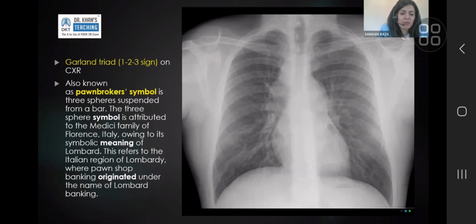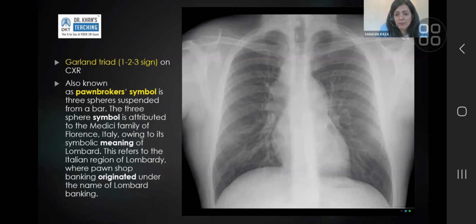It's just that the pawnbroker symbol is actually the symbol of the Medici family. I don't know if many of you are very interested in history or not, but the Medici family is a family of bankers that are famous for the art collections in Florence, Italy. The Medici family symbol is actually 3 balls. The legend was that there was a very famous giant that was slain by a Medici man using 3 rocks that he threw at him.